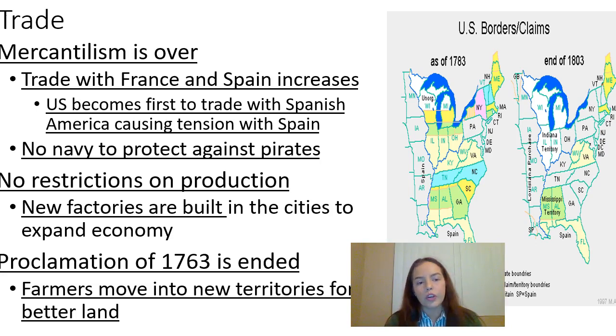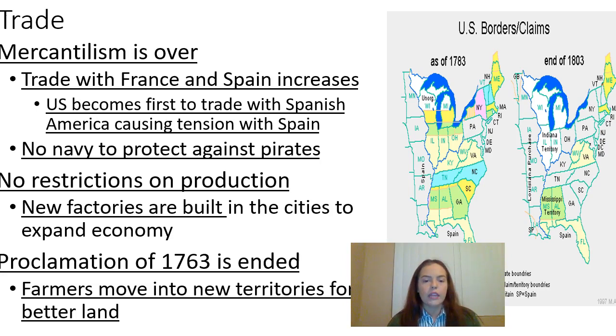However, there is some good news with this new effect on trade. So we have no more restrictions on the production and what we choose to make in the United States. Whereas before, Britain would put restrictions on something as small and seemingly insignificant as hats, because Britain really wanted us to buy British hats.